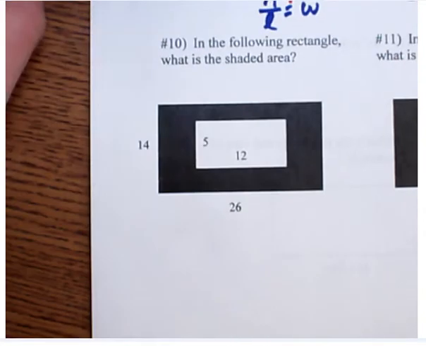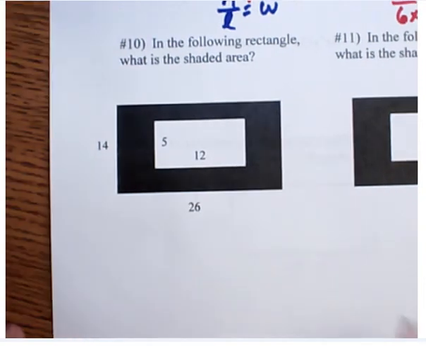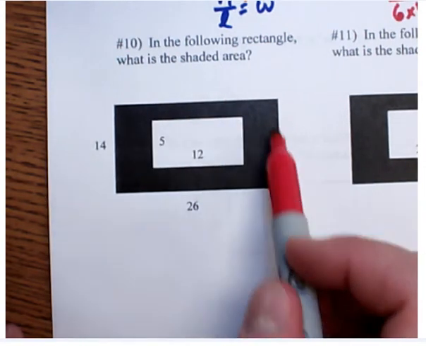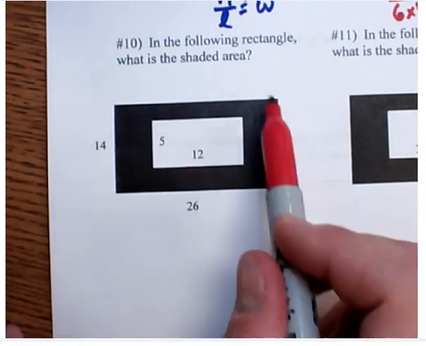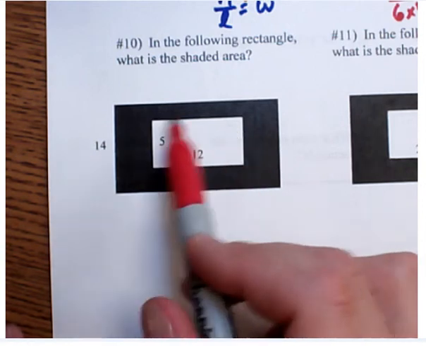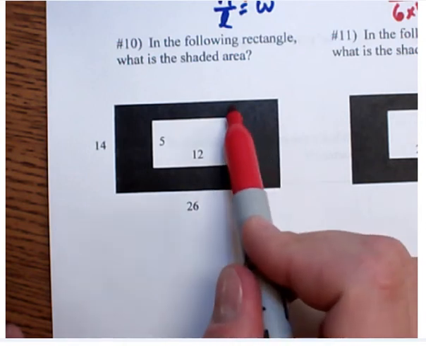Now number 10 and number 11 are the same kind of problem. In number 10 it says, in the following rectangle, what is the shaded area? Now you have two rectangles here. You have a big one and you have a small one. We only want, though, this darkened area, this shaded area.